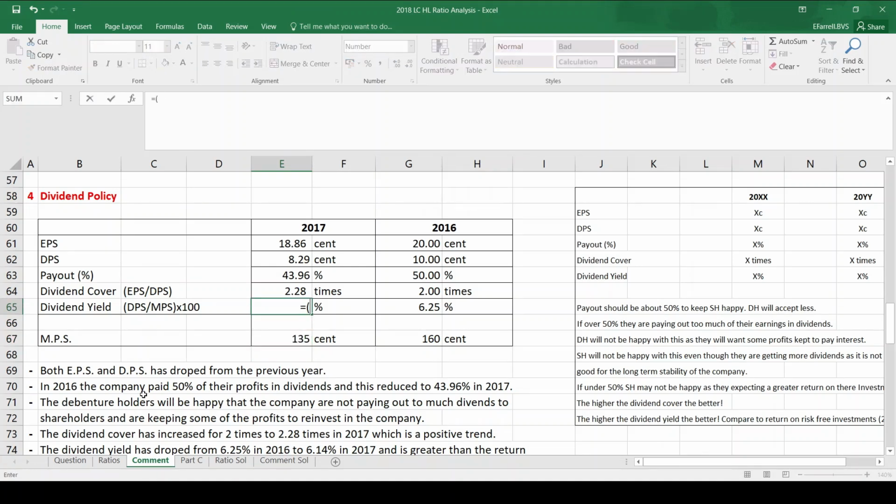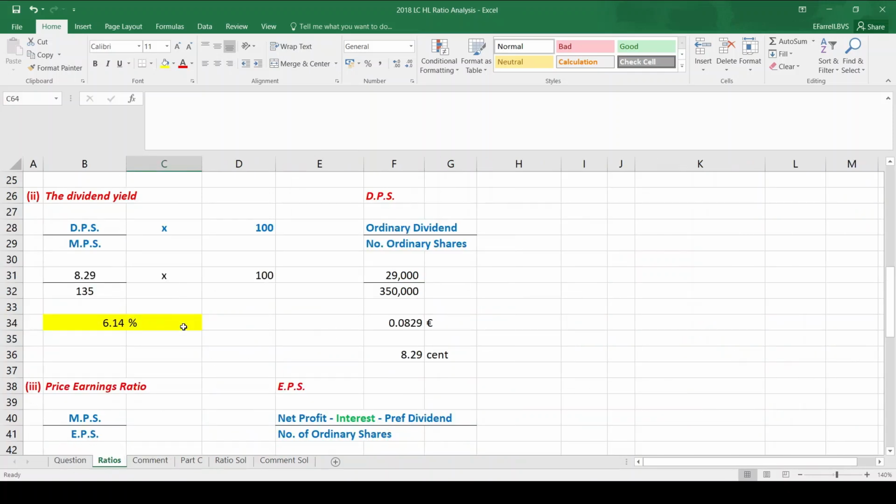The dividend yield is dividend per share divided by the market price per share, multiplied by 100. So 6.14%. And again, that's the same ratio as we worked out in part A, and again, that was 6.14% dividend yield.